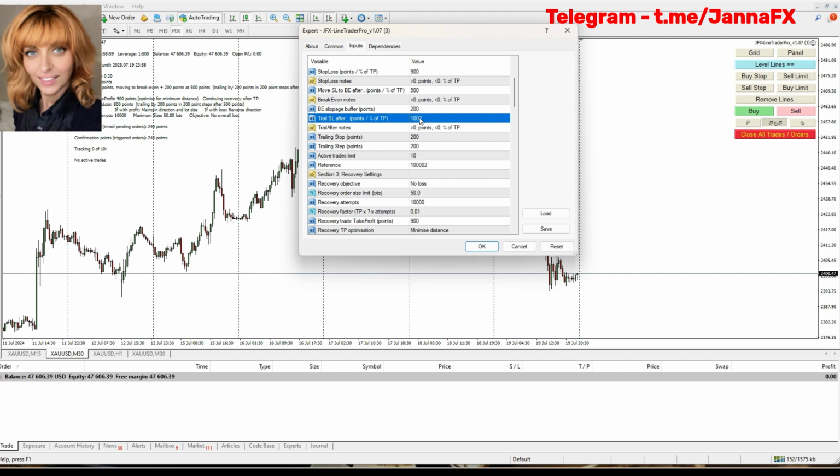So if it does not reverse and hit 200 but continues in our direction, then when it goes to 100 pips, it will turn on the trailing, and it will trail 200 points behind the price at every step. So, for example, after 1000, if it sharply reverses, then it will make us 800 points profit. That's how it should work.